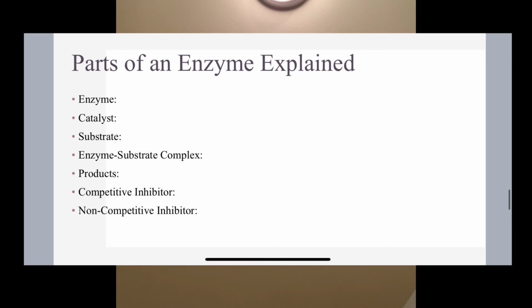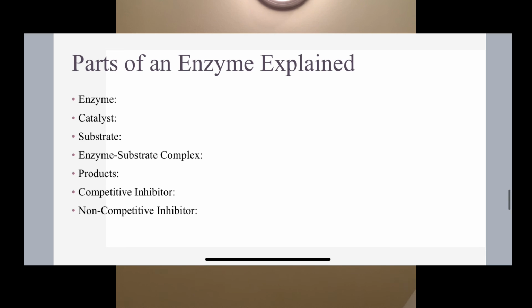And then we have an enzyme-substrate complex, which is a complex composed of a substrate bound to the active site of an enzyme. And then we have products, which are chemical substances formed as a result of a chemical reaction. And then we have a competitive inhibitor, which is a substance that reduces the activity of an enzyme by entering the active site in place of the substrate, whose structure it mimics.